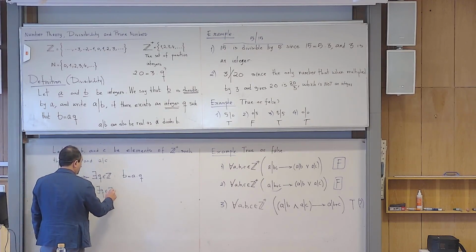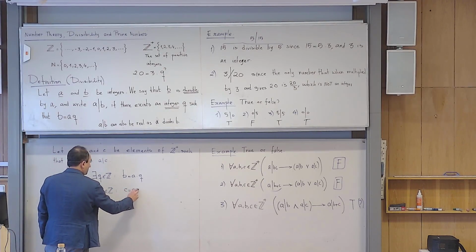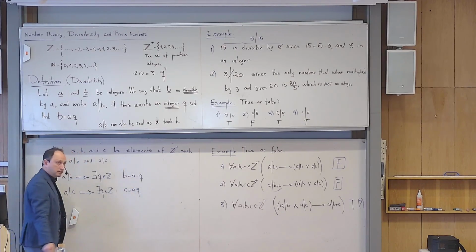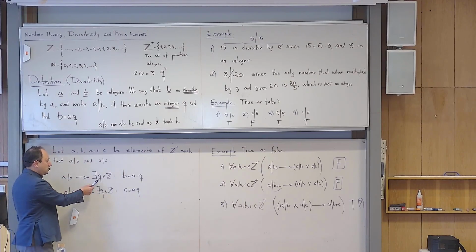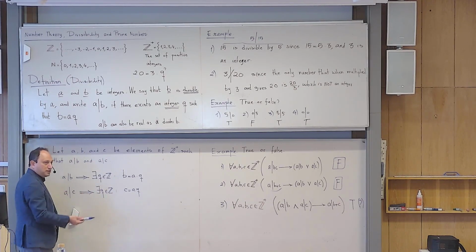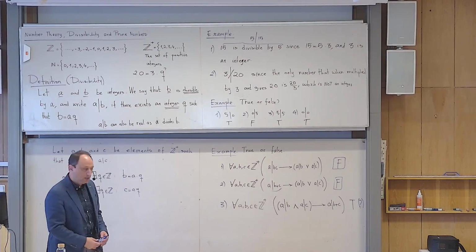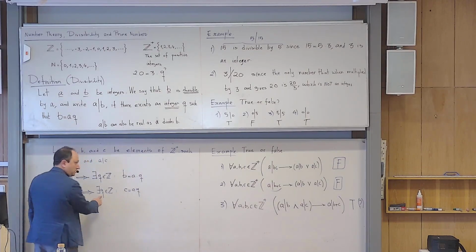This is my experience. They write C is equal to AQ. But this is not correct because when you say there exists a Q and then use the same letter here, it means that these Qs have to be the same. But there's no guarantee that they are the same. They might be the same or not. So then you have to change the letter.